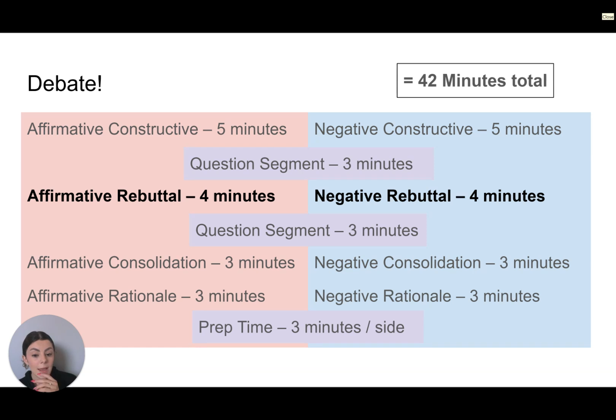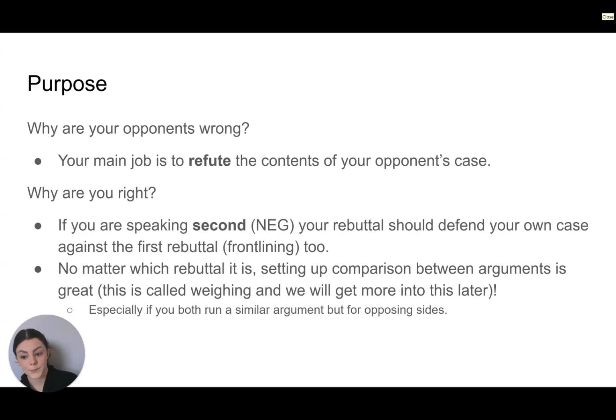I personally think that is a positive because you can make those defenses in an earlier speech rather than having to do it in your consolidation like affirmative does on top of the overall summary. That is what a consolidation is. So just keep that in mind as you progress throughout the debate.